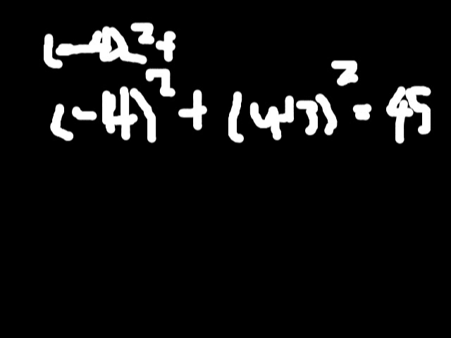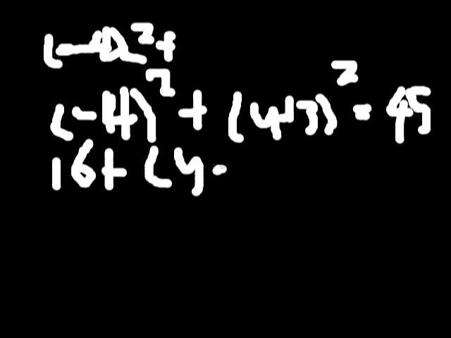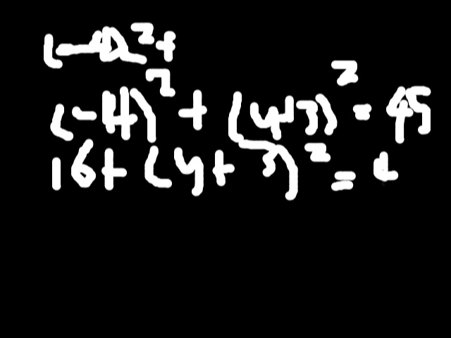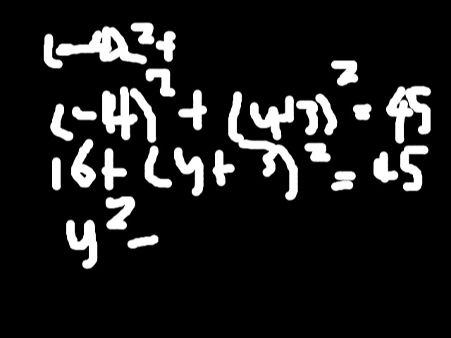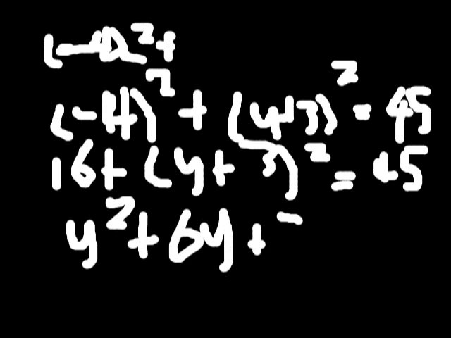This is a y and this is a 3, so 16 plus y plus 3 squared equals 45. And I'll FOIL this out real quickly. In the end, you're going to get something like y squared plus 6y, and then 9 plus 25 equals 45.